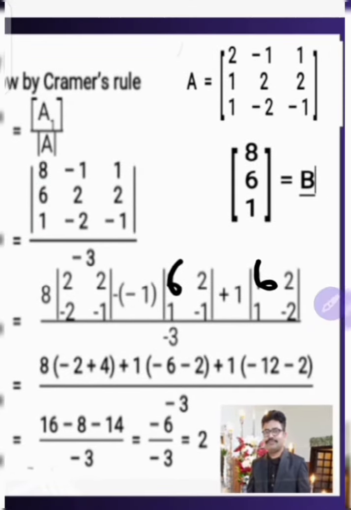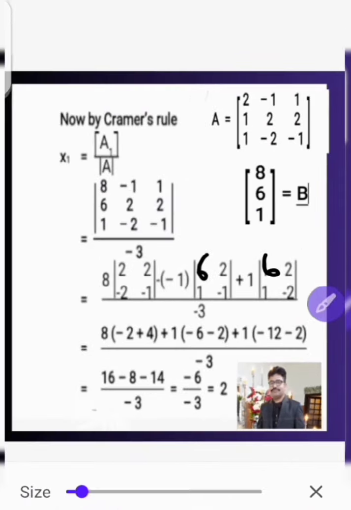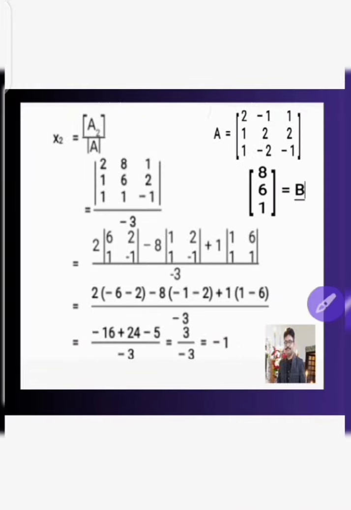Determinant of A1, I have told before that the value of B will be written in the first column, and the remaining columns, column 2 and column 3, will be written here. This matrix determinant is called the A1 determinant. Now we will find the value of x2.